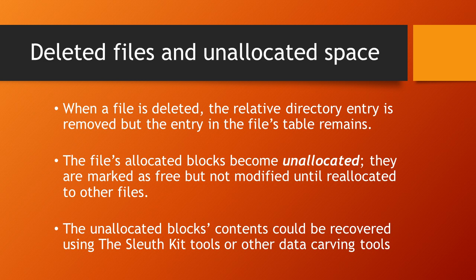Unallocated space could also reside between two disk partitions and could be revealed by the mmls tool, as we have seen in the previous section covering the Sleuth Kit. Until they are allocated again and overwritten, the blocks' contents can be recovered using the Sleuth Kit tools or with specific data carving tools, as we are going to see.